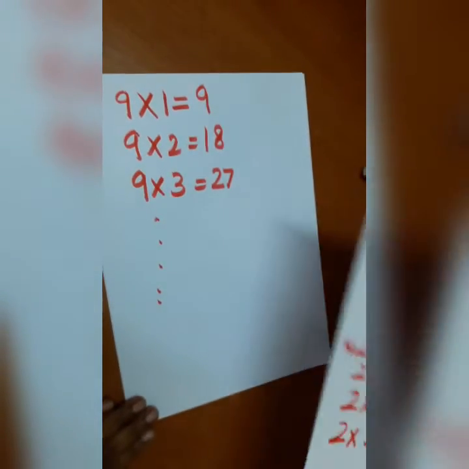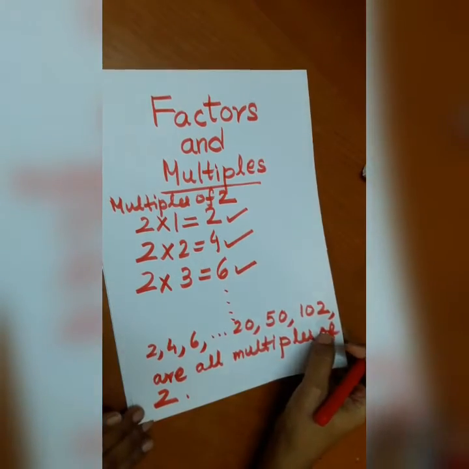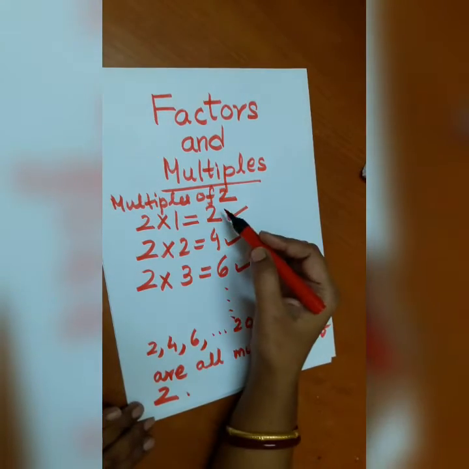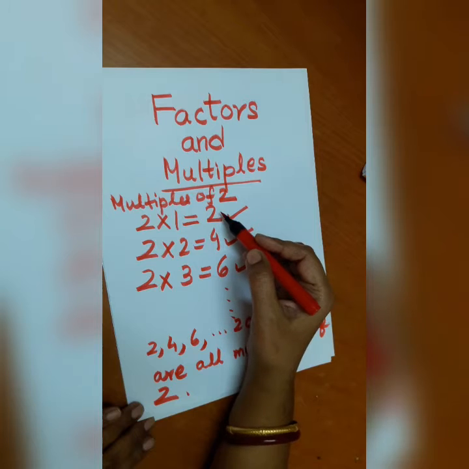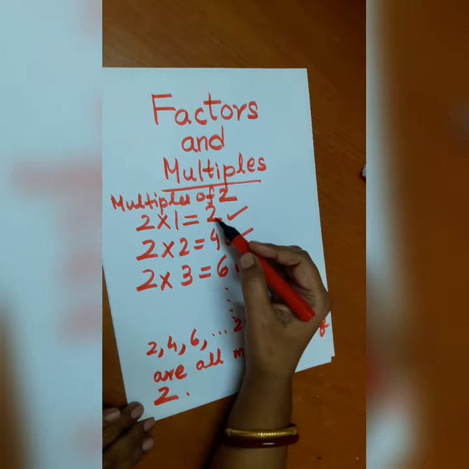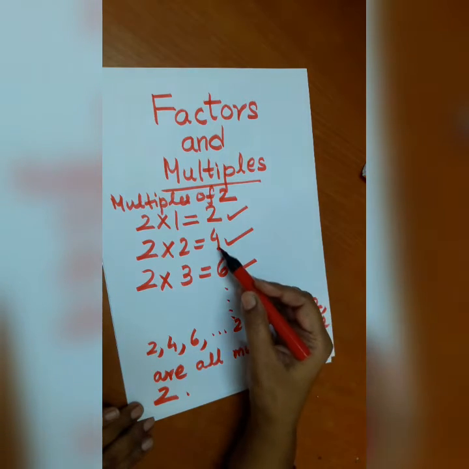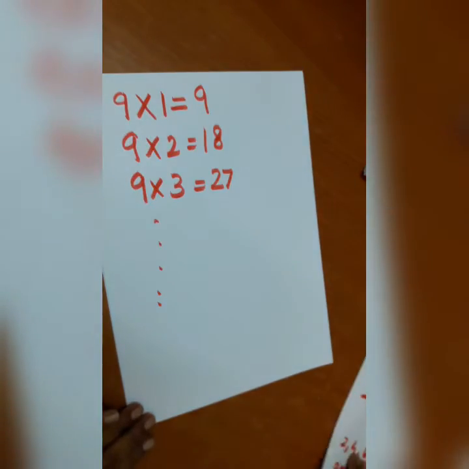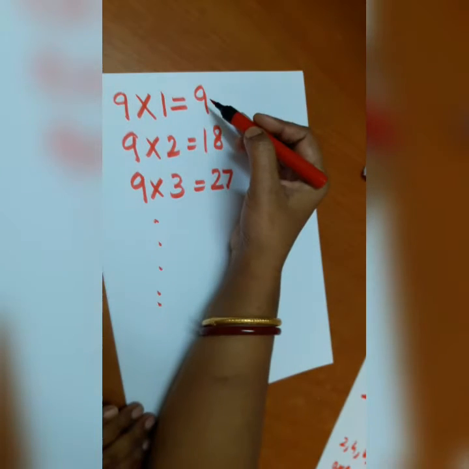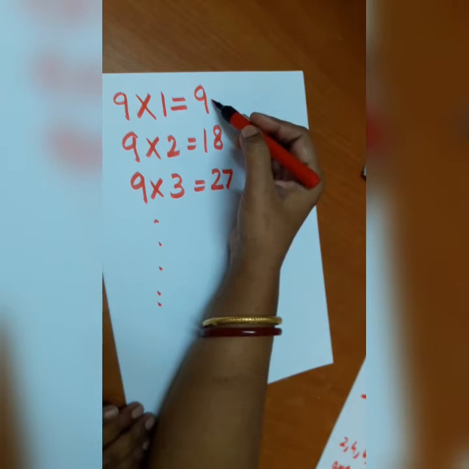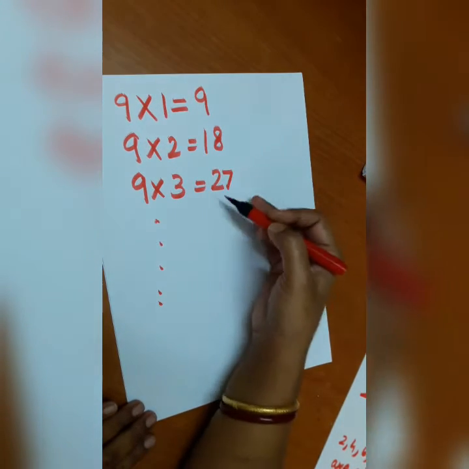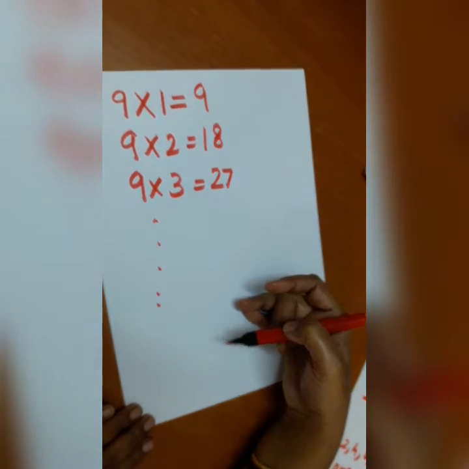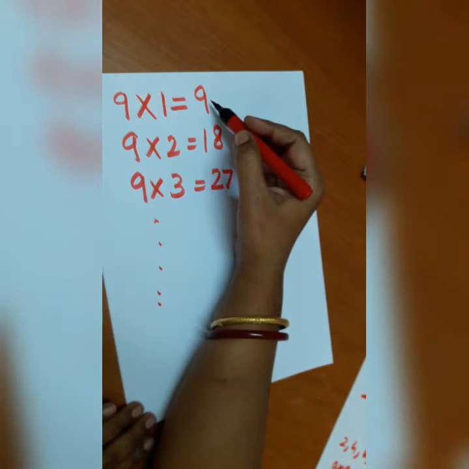And as we saw in case of 2, the multiples of 2 started from 2 itself. So 2 is a multiple of 2, then 4, 6, 8, 10, like that. And in case of 9, 9 is a multiple of 9 and then all other numbers follow. So the number itself is a multiple also.